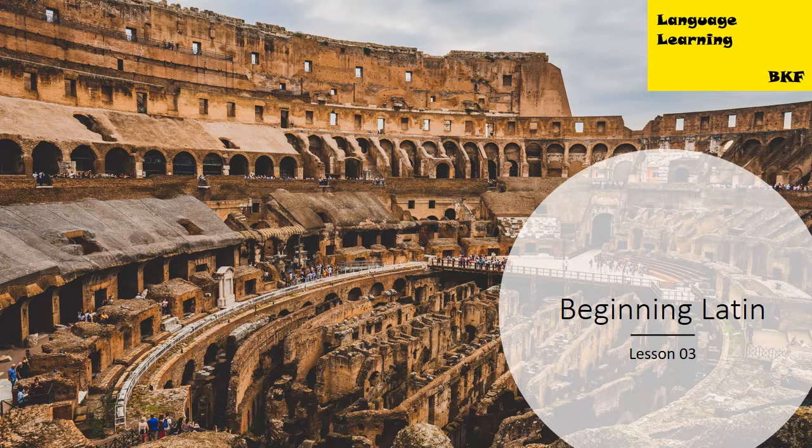29. Adjectives of the first and second declension. There are two classes of adjectives in Latin, adjectives of the first and second declension, and adjectives of the third declension. Adjectives of the first and second declension have endings as follows.